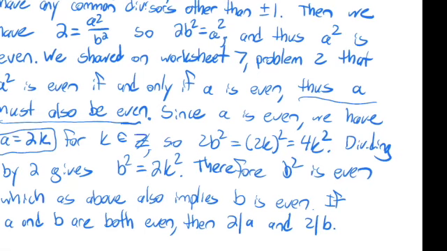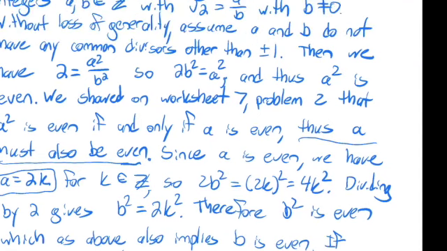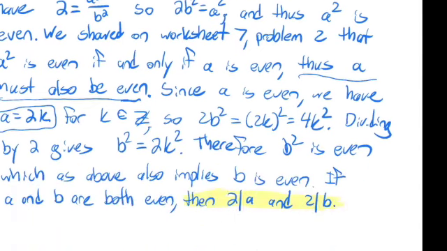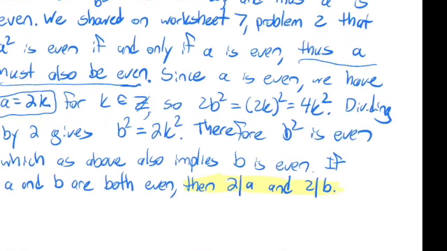And I'm just going to highlight this part. You don't necessarily need to do this on your work, but here we've got that 2 divides a and 2 divides b. And over here, we made this assumption that we've just written square root of 2 in its lowest form. And so a and b don't have any common divisors other than 1 or -1. And so here's our contradiction.